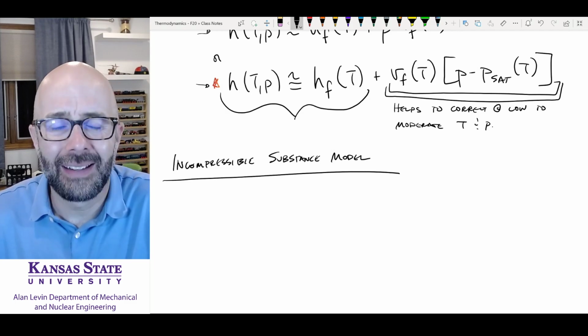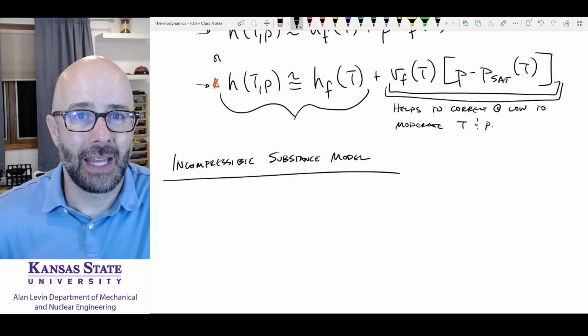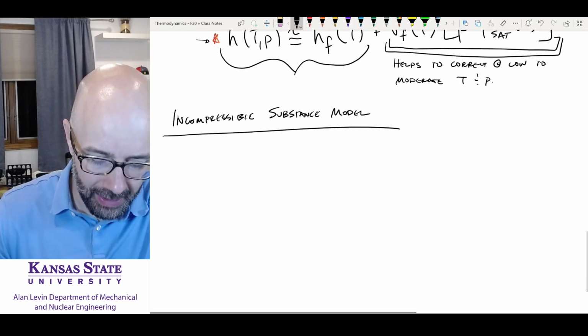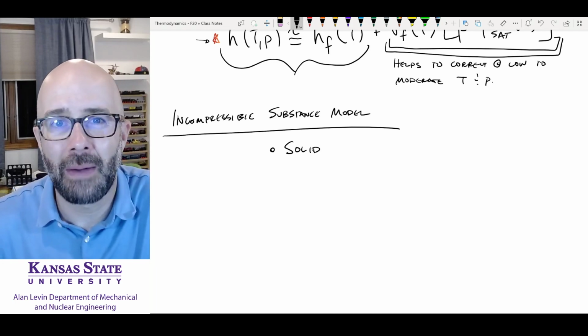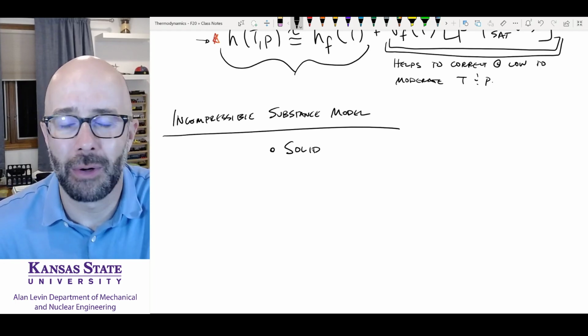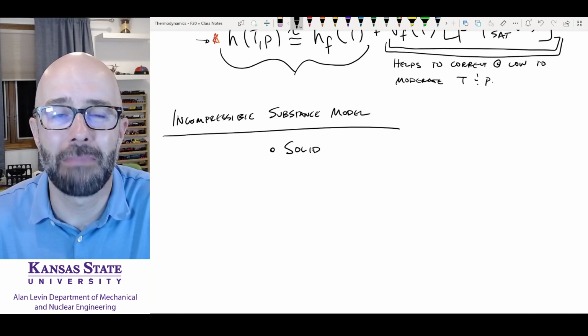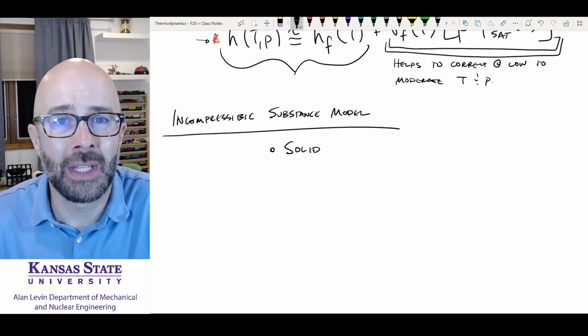Now, what can we say is incompressible? Of course, we're going to say anything that's a solid. So if you have a problem and it deals with copper or iron or any kind of metal, you're going to use the incompressible substance model.